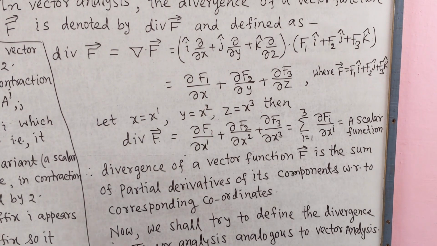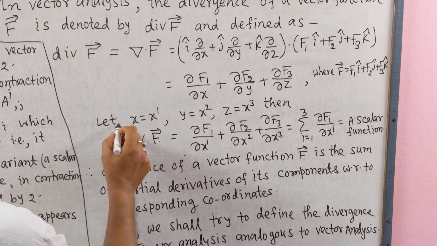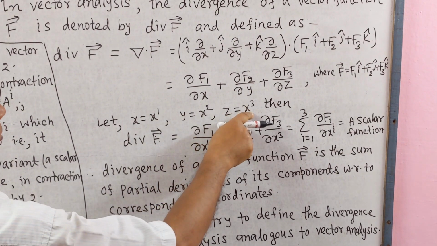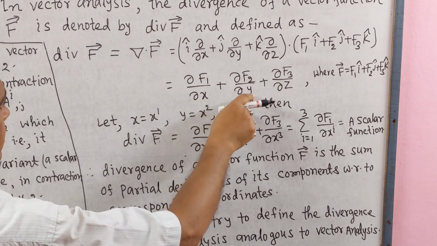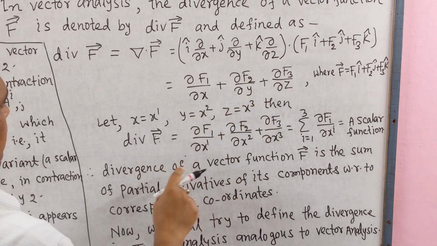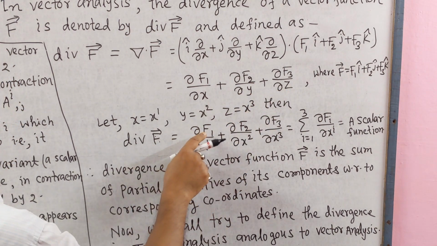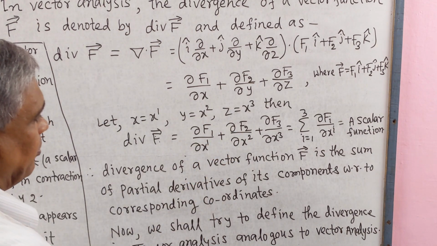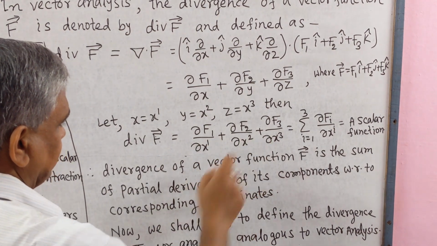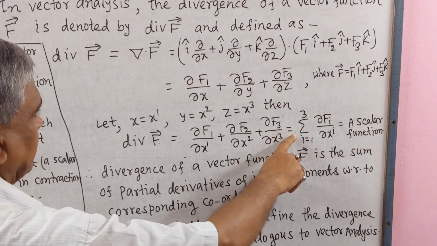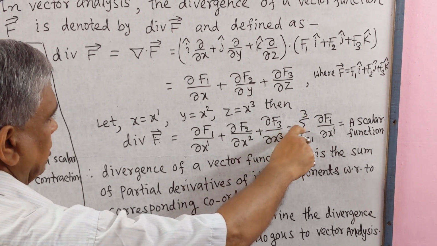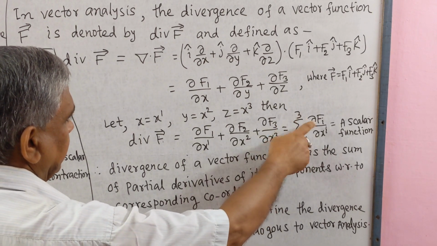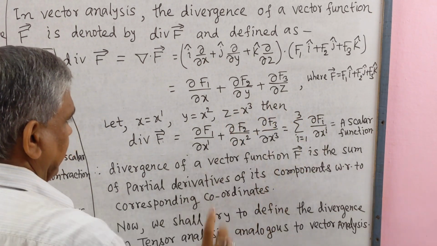Now let x equal to x1, y equal to x2 and z equal to x3. So divergence of f equals del f1 by del x1 plus del f2 by del x2 plus del f3 by del x3. We may write this as sigma i equal to 1 to 3 of del fi by del xi.